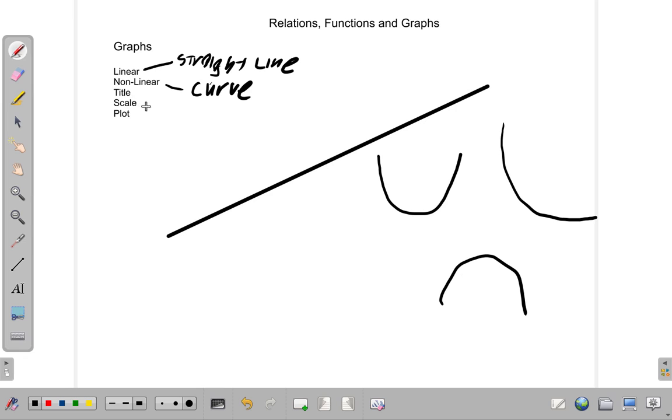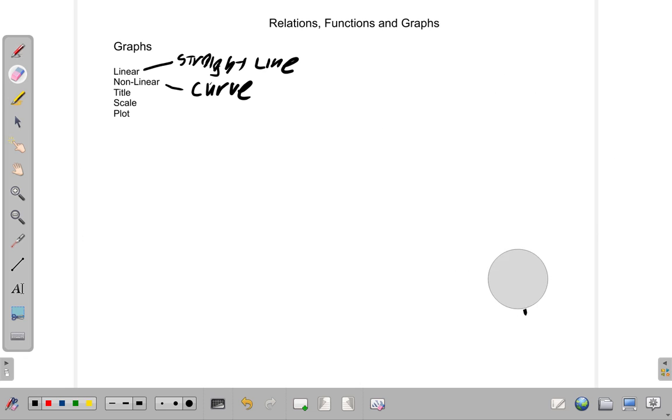Now, when you plot a graph, you should have a title for the graph. For example, we could say the graph of y equals x squared or whatever it is, or graph showing one quantity changing with another quantity, or graph of temperature versus time, whatever the case is, right?